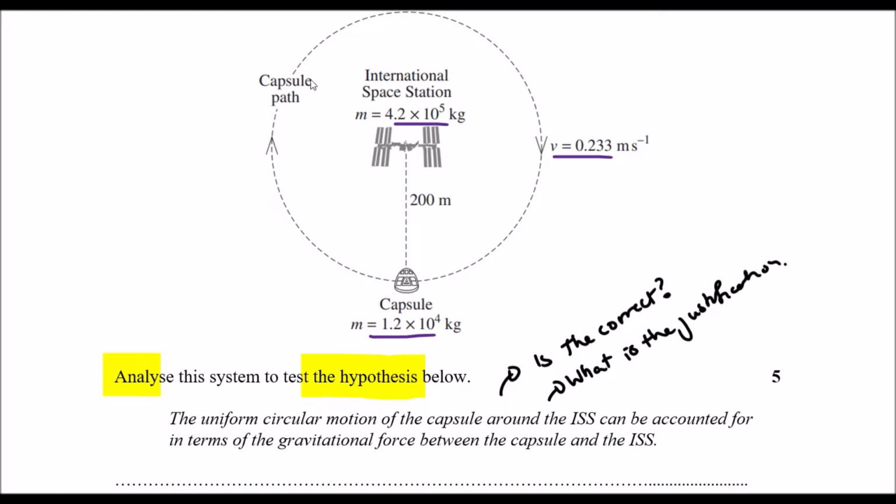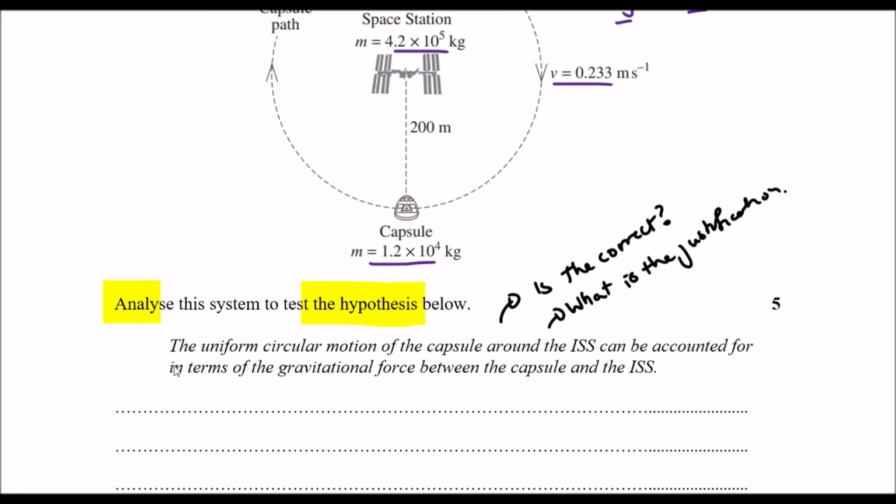So what we can actually say is, if this statement is true, then the force of gravitational attraction between the two objects should be the only thing that contributes to the centripetal motion. So if it's uniform, then Fg should equal Fc. So we'll do a little calculation to demonstrate whether or not that is correct. And from there, we should be able to tell if this hypothesis is correct or not. Okay?